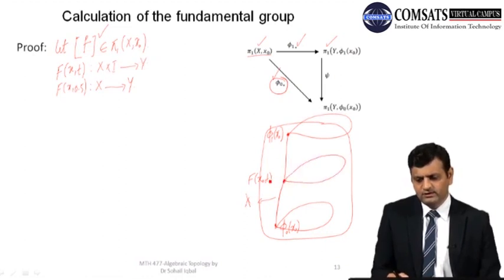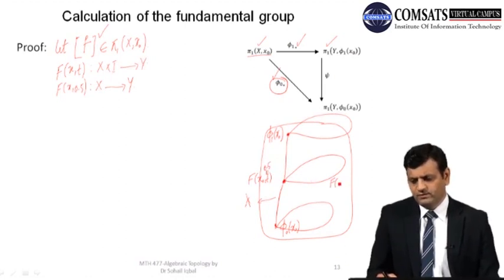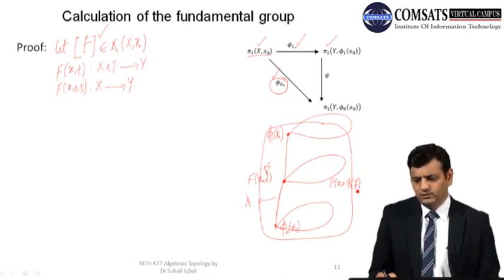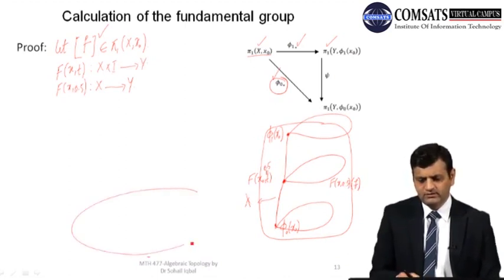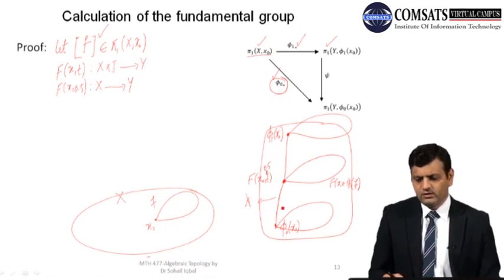So over here t is equal to 0.5, so basically this loop is f of x 0.5 of f, the continuous image of this loop in x. So basically this f is a loop at x naught in x. So these are all the continuous images of loops.